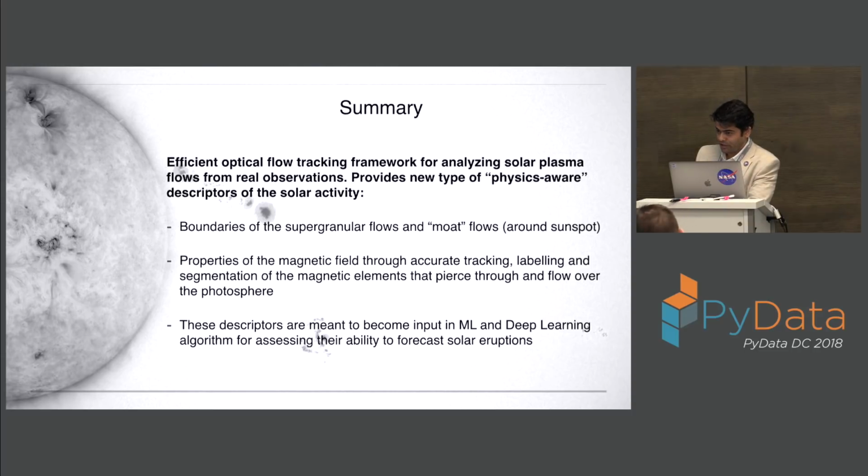We can analyze the properties of the magnetic field through accurate tracking, labeling, and segmentation of magnetic elements that peer through and flow over the photosphere. So that calls on lots of different backgrounds: computer vision, because there is segmentation there, and physics, because you need to implement physics-aware algorithms. And so these descriptors are meant to become input to machine learning and deep learning for assessing the ability to forecast flares through statistical analysis.